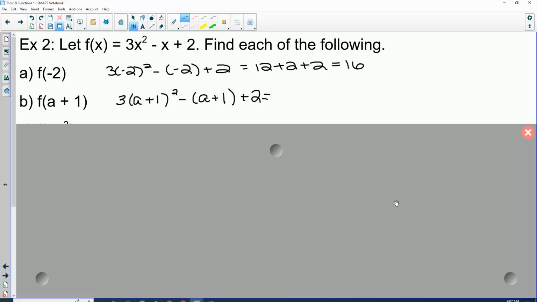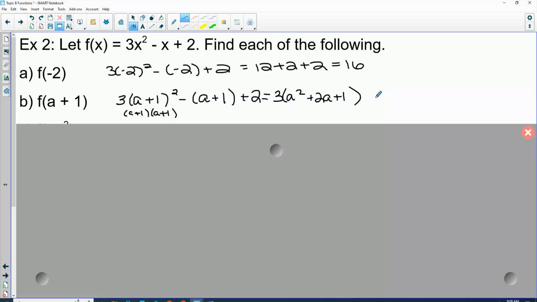When I say a plus 1 squared, what does that mean? Is there 2 of those? So you have to think about FOILing that out. So we get a squared plus a, so plus 2a plus 1.